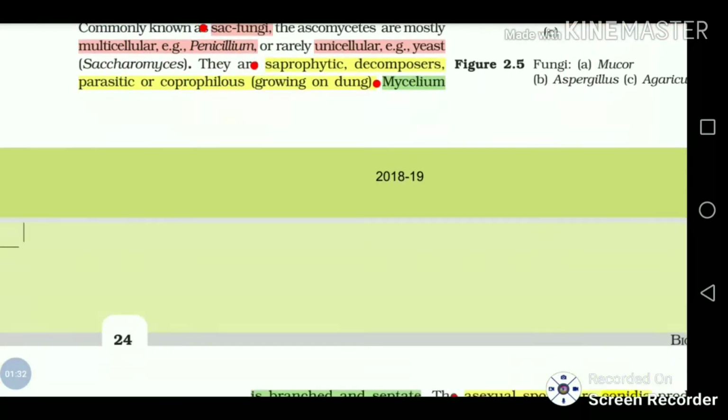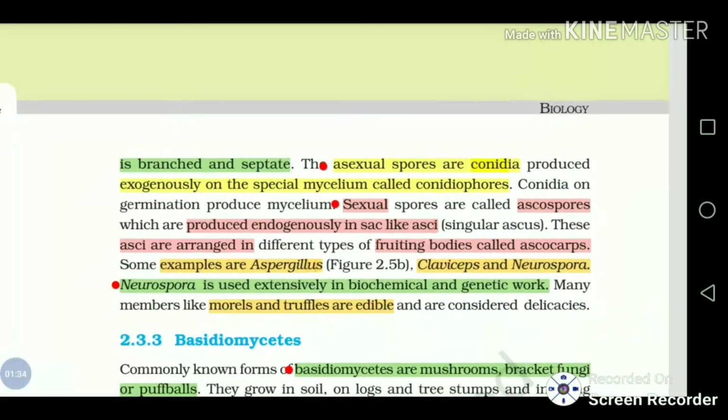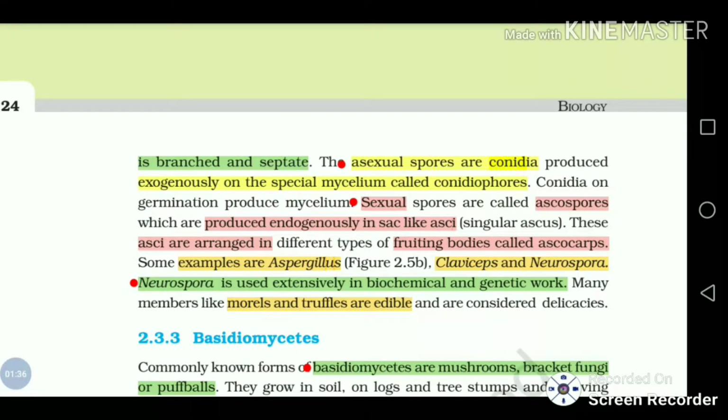Then their mycelium is branched and septate. Then the asexual spores are conidia, that are exogenously produced on the special mycelium called conidiophores. And the sexual spores are ascospores produced endogenously in the sac-like structures called asci, and asci are arranged on the fruiting body called ascocarp.